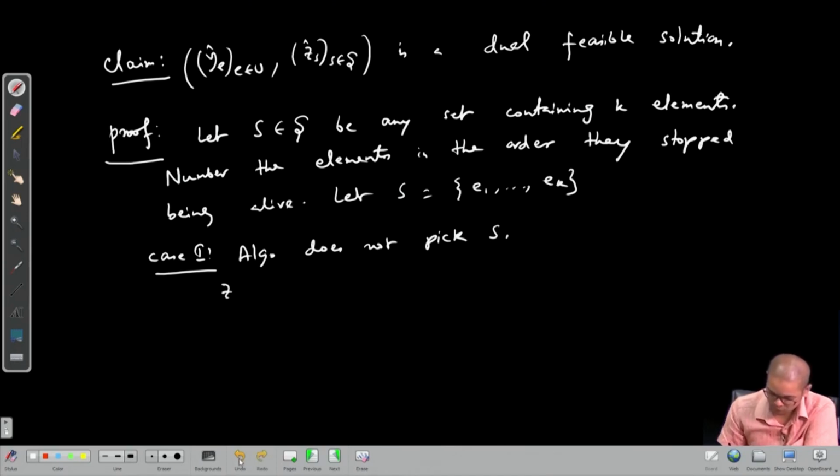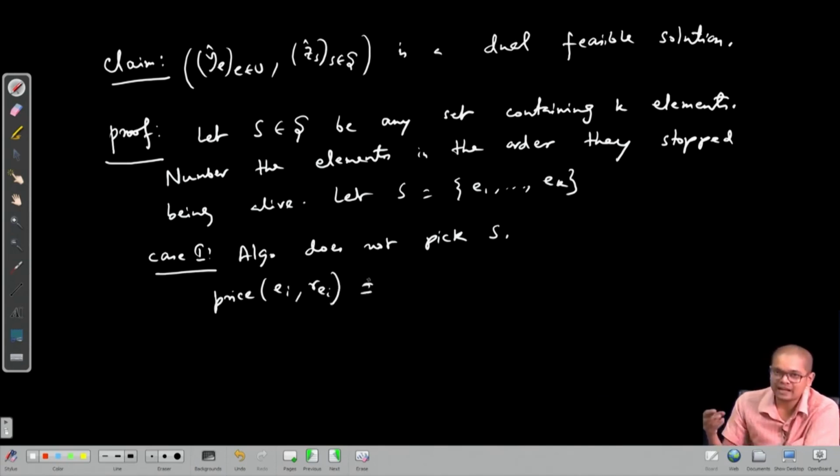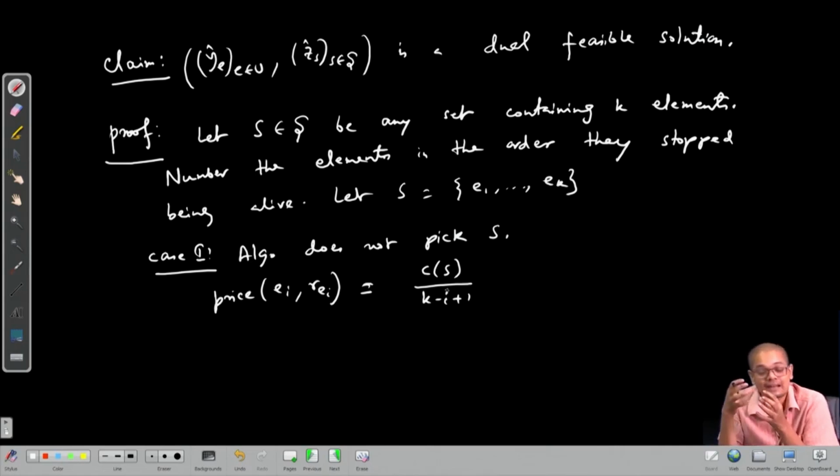First of all, let us see the price of (e_i, r_{e_i}). When the last copy of e_i is picked, this set is still available to cover it at the cost of c_S by (k minus i plus 1), because e_{i+1} to e_k are alive.